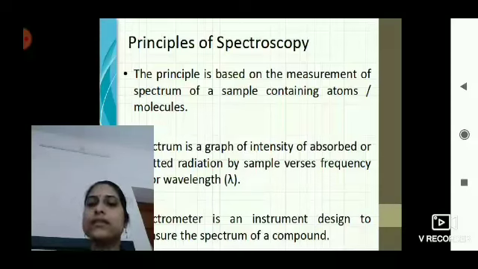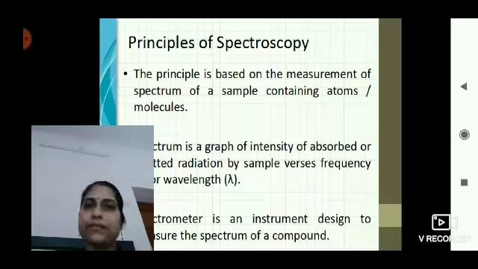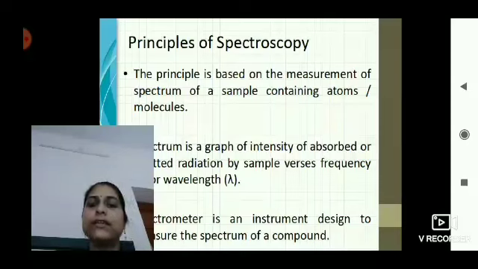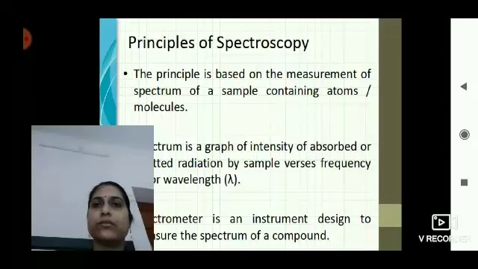When the intensity of the radiation is plotted against frequency or wavelength, the study is absorption spectroscopy.